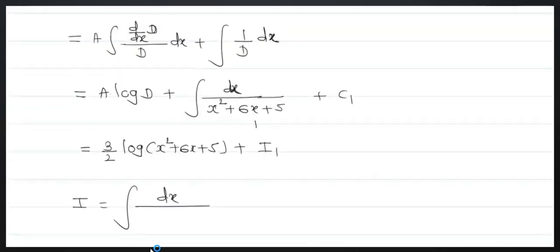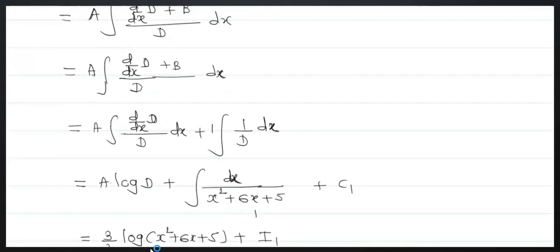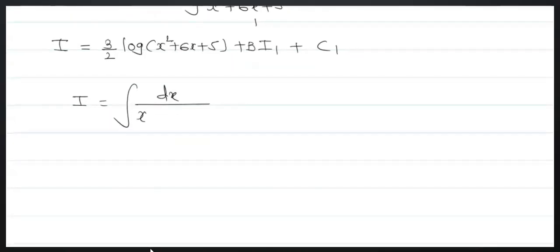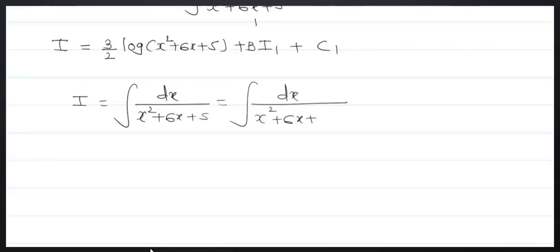Now we will find out the integral of this, which is I1. This is I1, x square plus 6x plus 5.